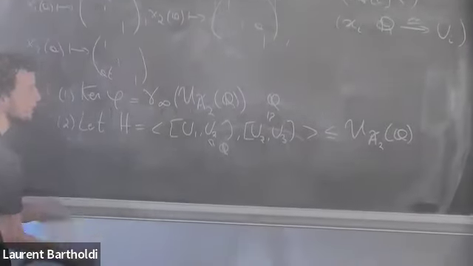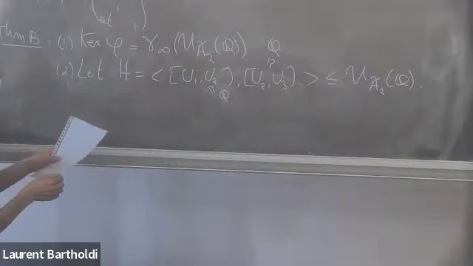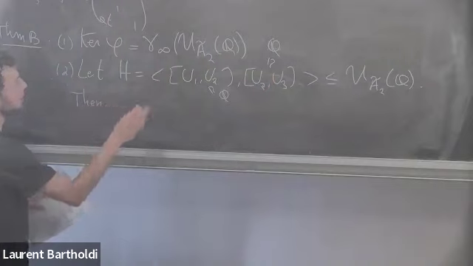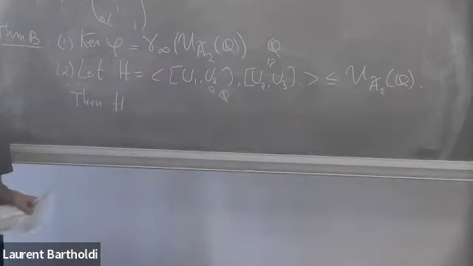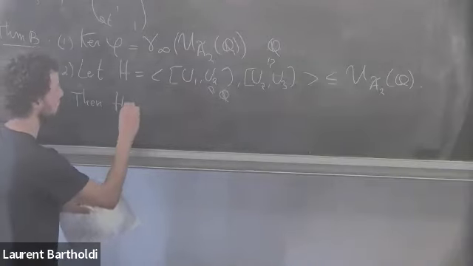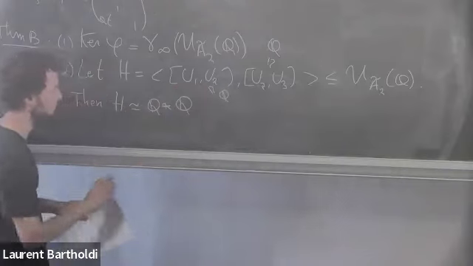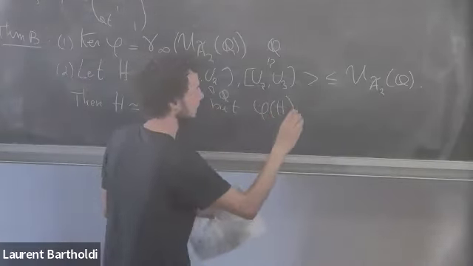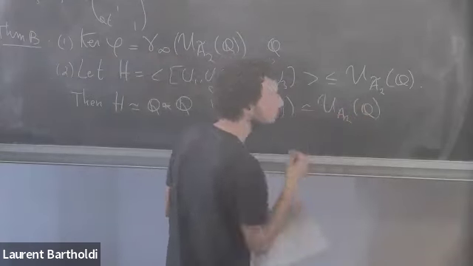And what I claim is that these two copies of Q generate their free product in my amalgam. But their image is just a three-dimensional Heisenberg group.